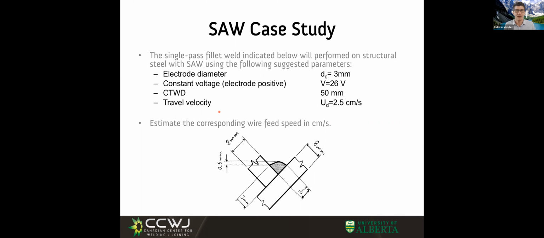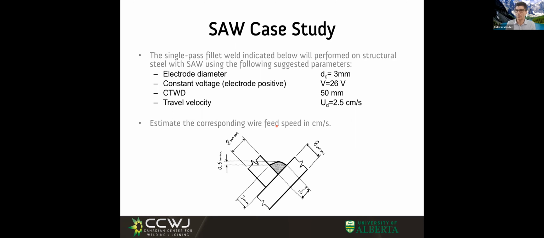and this example, in retrospect, I don't like it so much. It's all real numbers, but I'm asking you to calculate here the wire feed speed in subarc welding. The reason I don't like this example so much is because wire feed speed comes together with current, and you seldom leave that for the end. You typically start by saying what current you want.